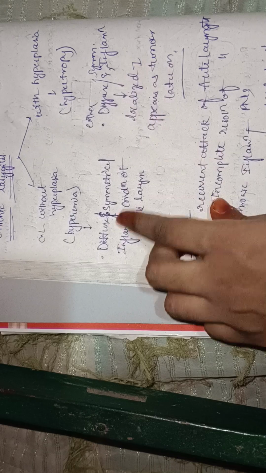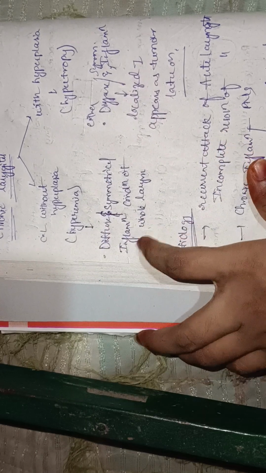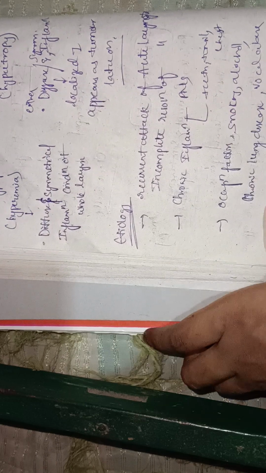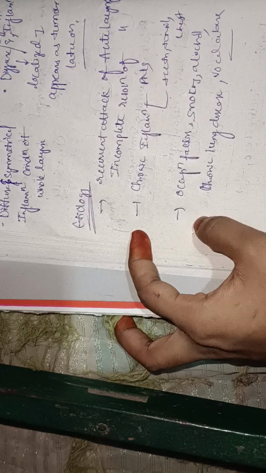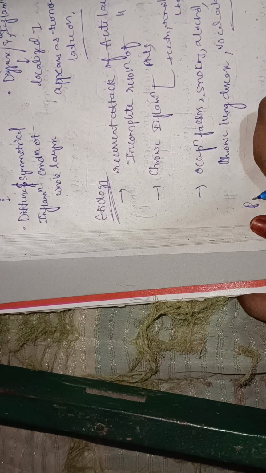With hyperemia, there is diffuse and symmetrical inflammation of the whole larynx. The etiology of both is recurrent or incompletely resolved acute laryngitis, chronic inflammation of the paranasal sinuses, teeth, tonsils and chest, chronic lung diseases, smoking, alcohol and vocal abuse.